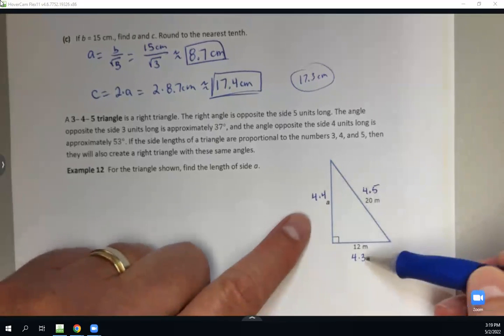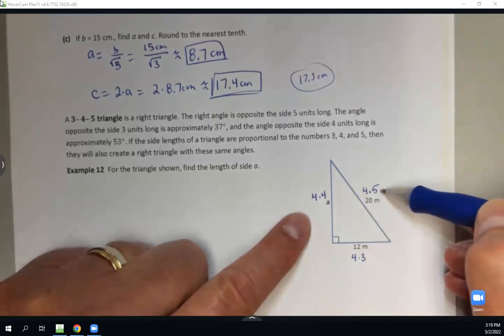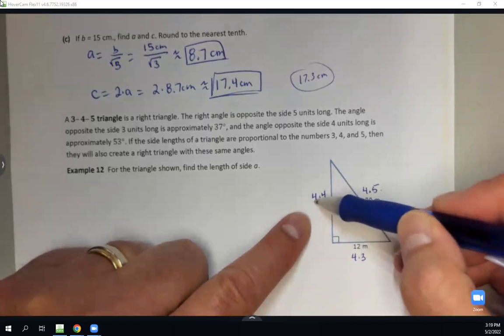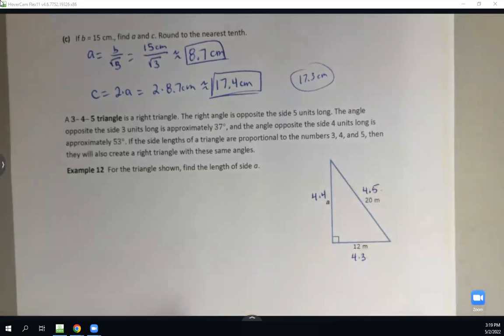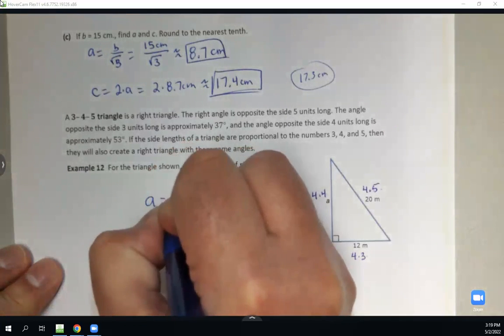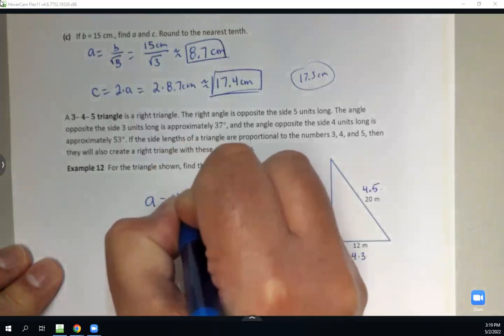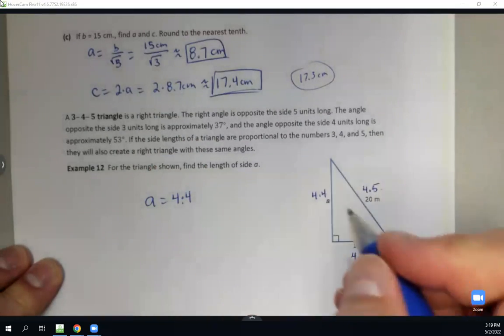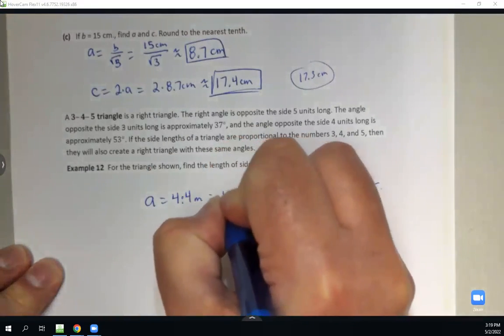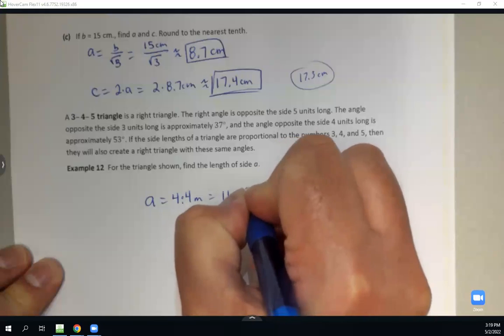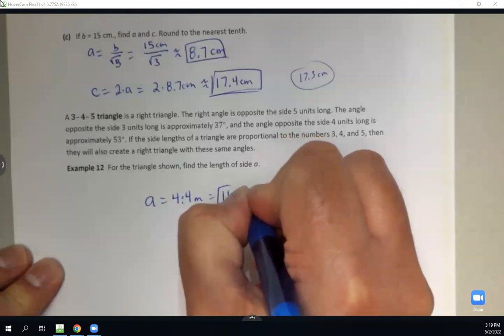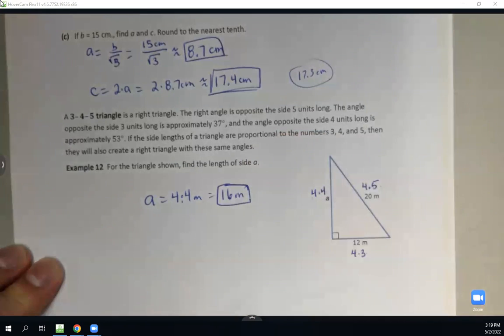Okay, so I've got the 3, 4, 5 ratio, but it's 4 times 3, 4 times 4, 4 times 5. Does that make sense? So A is going to equal 4 times 4 meters. So that's going to be 16 meters long. I almost wrote square meters, but it's not square meters, it's just meters.